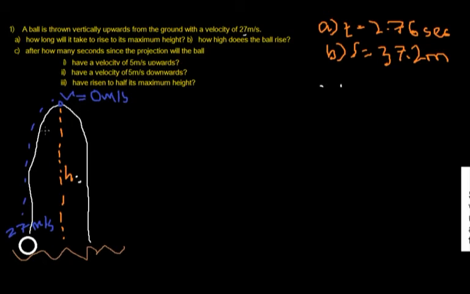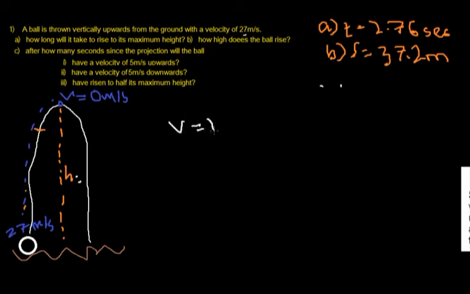So it is asking for the time it will take for the ball to reach a velocity of 5 meters per second. We have 27 meters per second, and as the ball rises, the velocity will start to decrease. So it will be somewhere here within this interval.